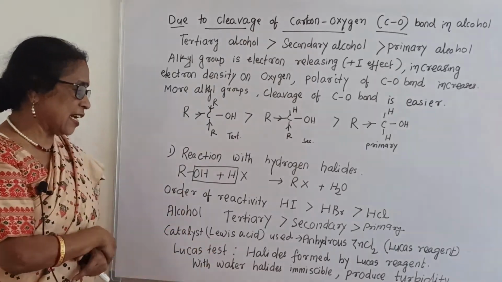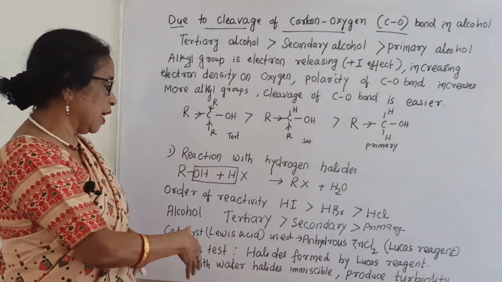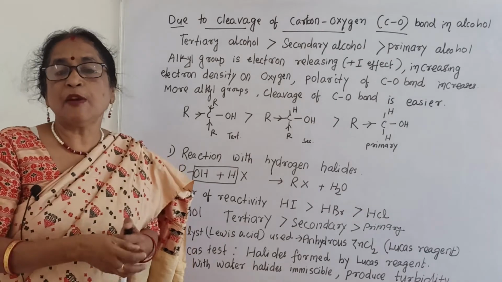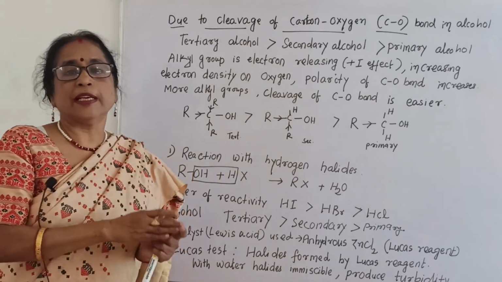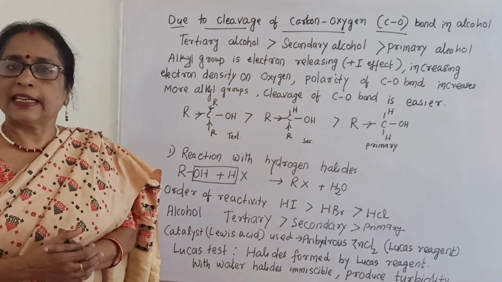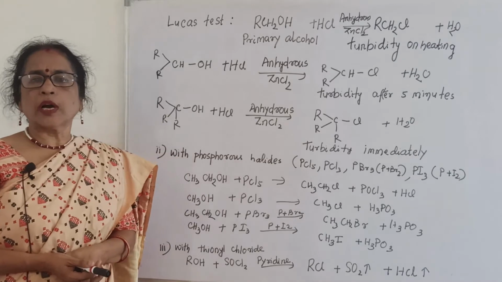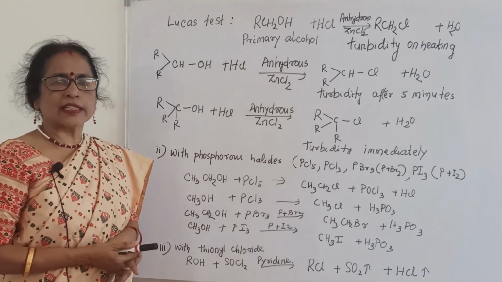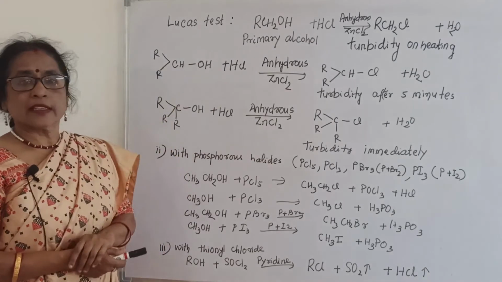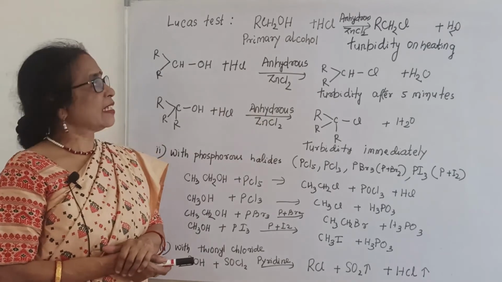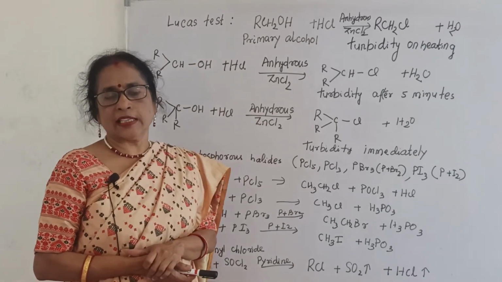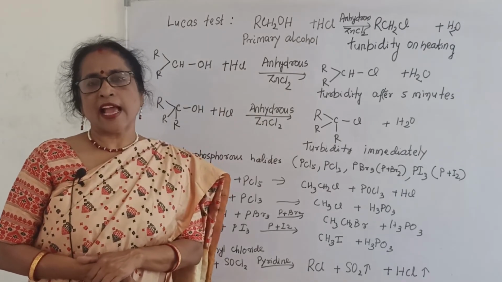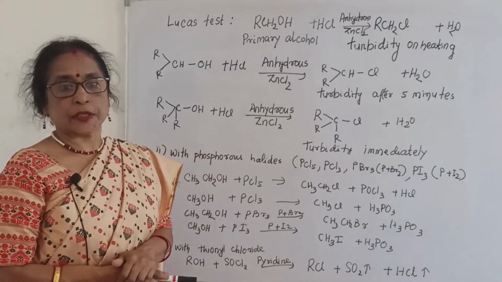Lucas test, again I will explain properly how it is helpful to distinguish primary, secondary and tertiary alcohol. In the Lucas test, the Lewis acid, anhydrous zinc chloride, is taken and acts as a catalyst.